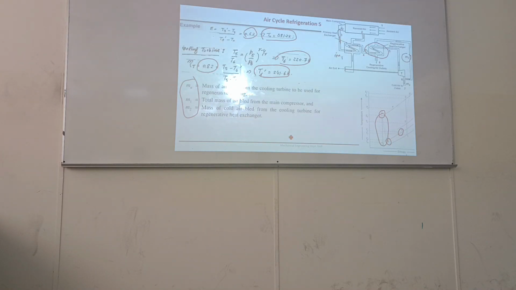Now write the equations which I already told you. So first of all, this equation: m dot A is equal to m dot 1 minus m dot 2, equal to refrigeration load divided by refrigeration process, which is T7 minus T6 dash, right?